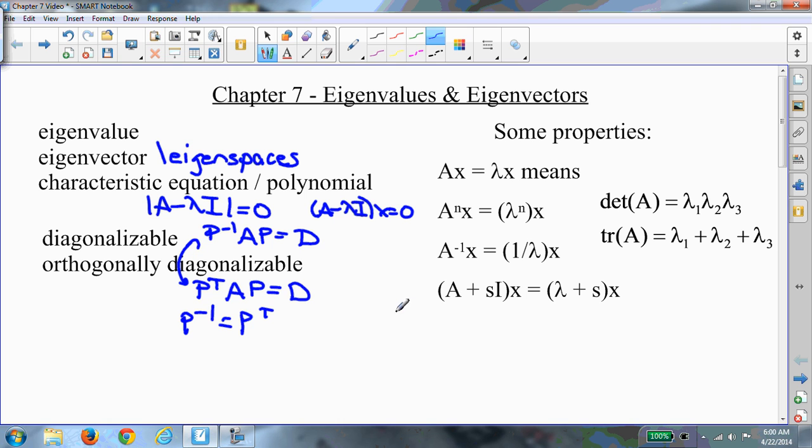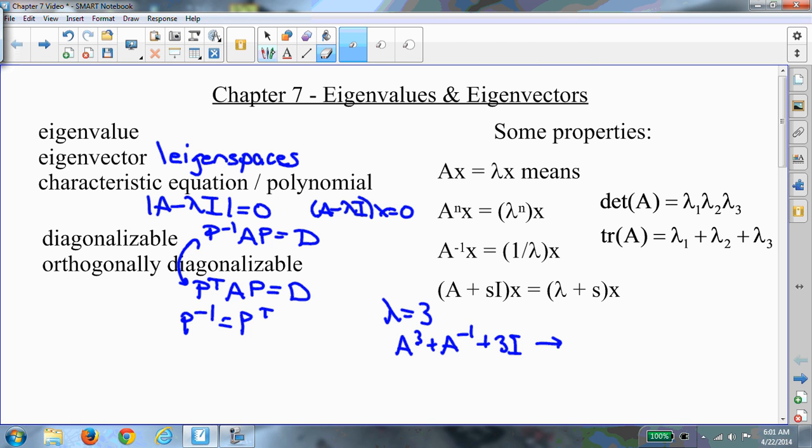So for example, if I know that lambda equals 3 in a particular matrix, then if I have A cubed plus A inverse plus 3I applied to x, the corresponding eigenvalue for that would be lambda cubed plus 1 over lambda plus 3, which would be 3 cubed plus 1/3 plus 3. Of course, assuming that A inverse actually exists.